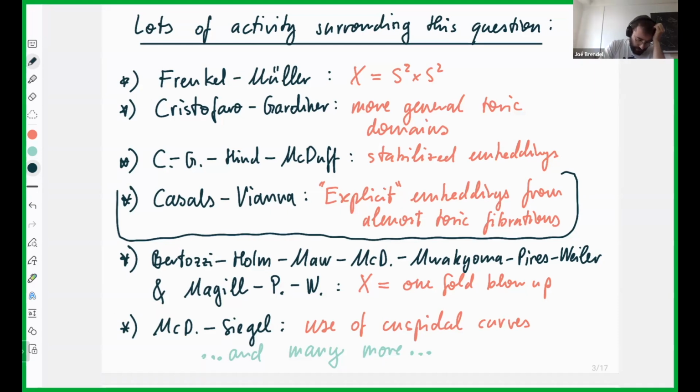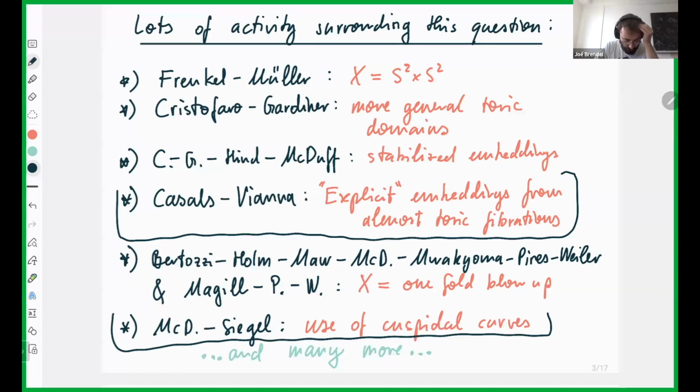And this will be crucial for us because we'll use almost toric fibrations all over the place during this talk. And in the same vein, a paper that was quite inspirational for us was this series of papers by McDuff and Siegel about cuspidal curves. And there's a recent paper applying their machinery of cuspidal curves to obstruct ellipsoid embeddings.